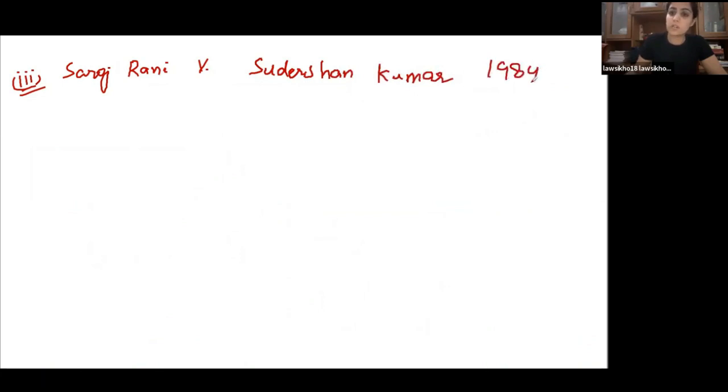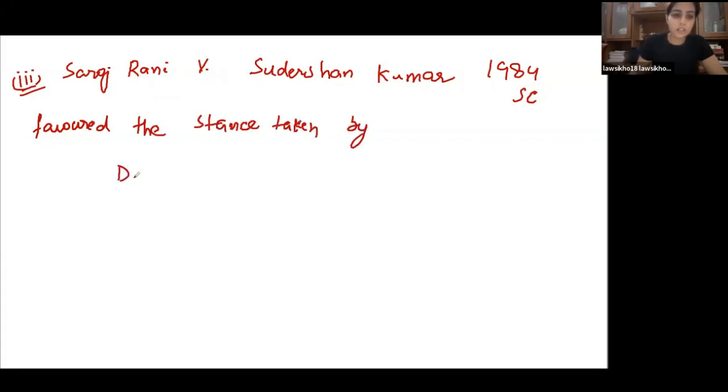Clear, ma'am, clear. So the third judgment is of Saroj Rani versus Sudarshan Kumar. This is also of 1984, but this is a case of Supreme Court. The Supreme Court favored the stance taken by the Delhi High Court and held this provision as constitutionally valid.